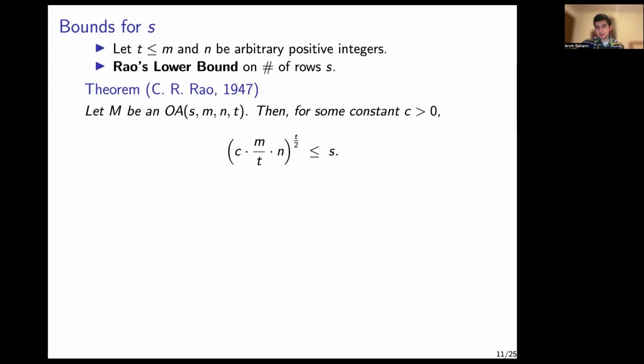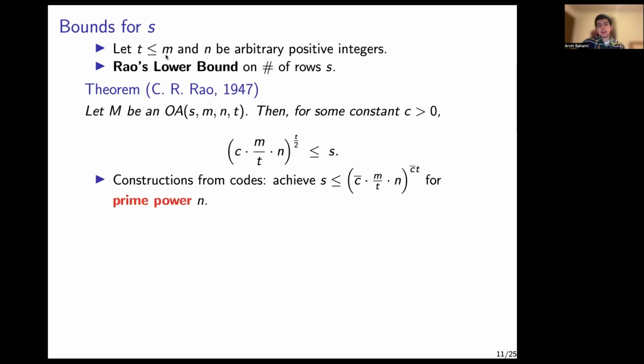He showed that the number of rows is at least c times (m over t times n) to the power of t over 2, for some universal constant c. In fact, there are constructions based on error correcting codes that achieve S that is a polynomial in this Rao lower bound. However, these constructions only work when n is a prime power.